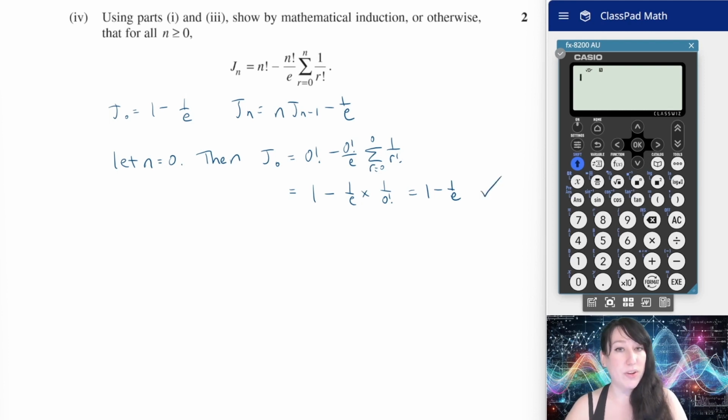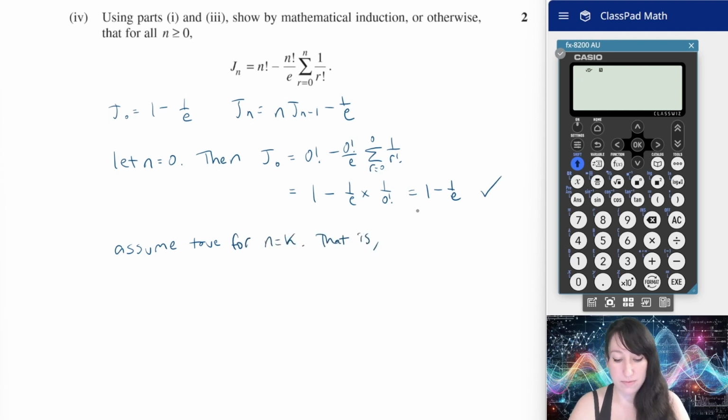So it's true for n equals 0. Next, we'll assume it's true for some n equals k. We'll assume then that Jk is equal to k factorial minus k factorial over e times the sum from r equals 0 to k of 1 over r factorial.